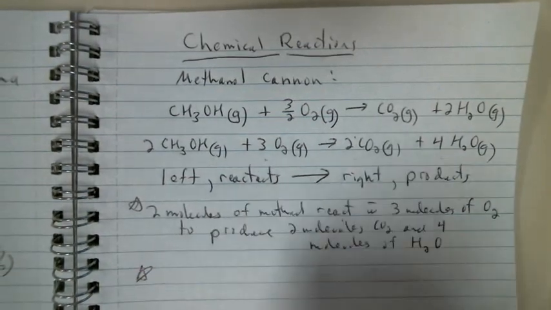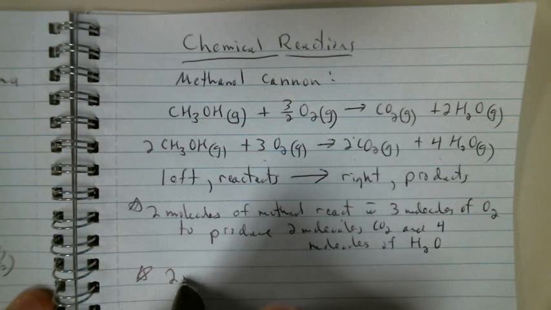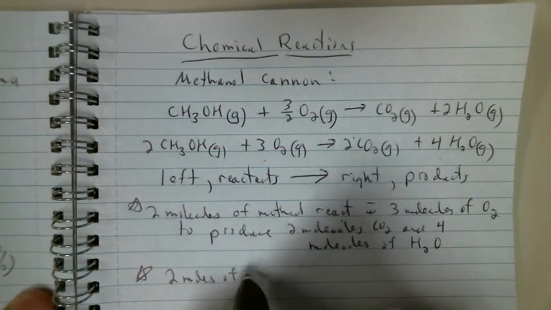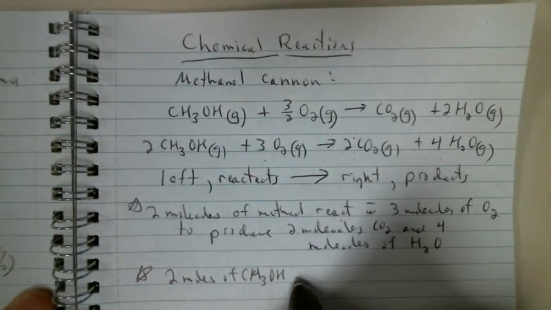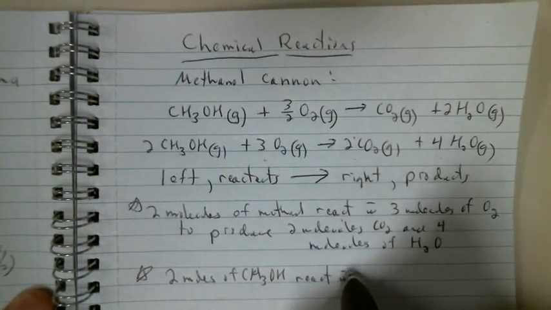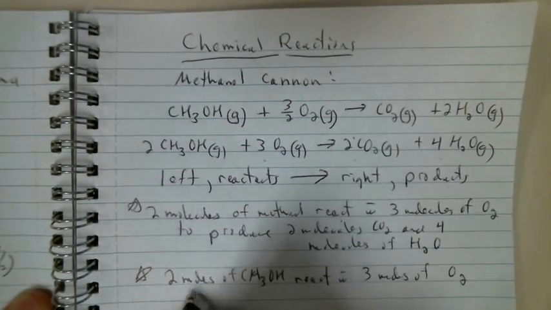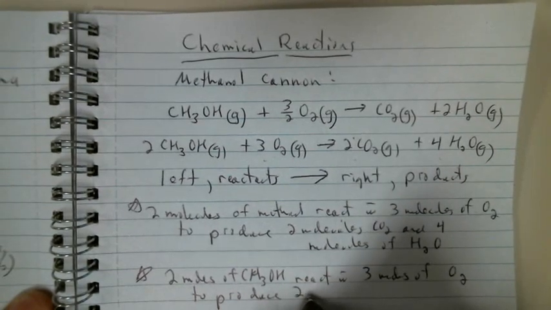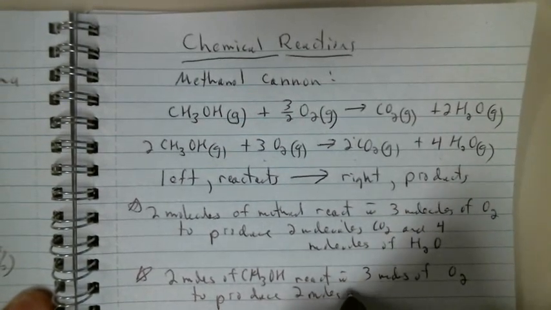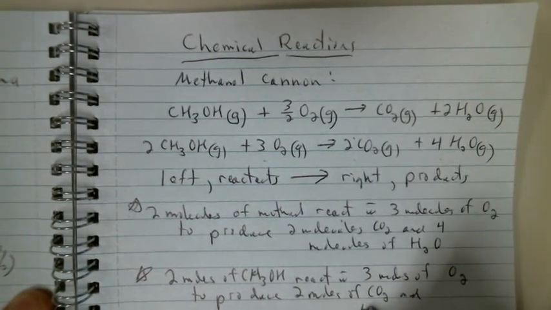So simultaneously, this reaction written as is means 2 moles of CH3OH react with 3 moles of O2 to produce 2 moles of CO2 and 4 moles of water.